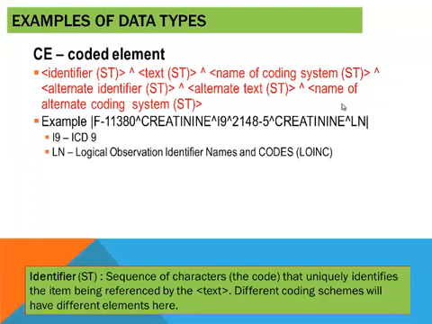The second example of a data type is the CE data type, which we also call coded element. In a coded element, there are two parts. The first part is the identifier, text, and name of the code system. The second provides the alternate items for the first one.